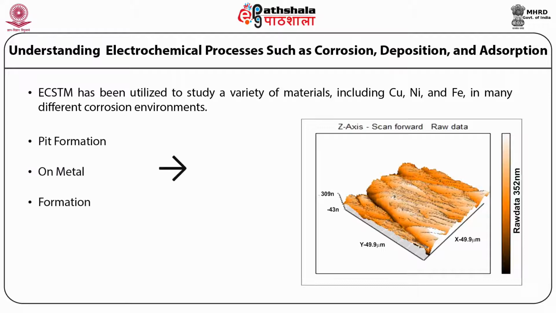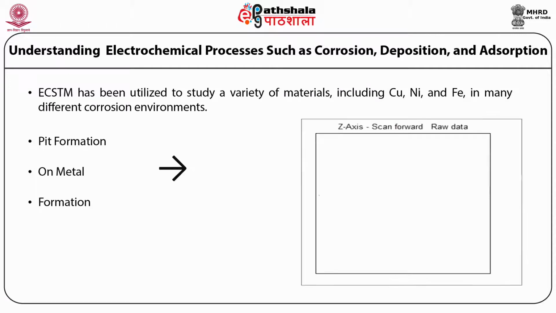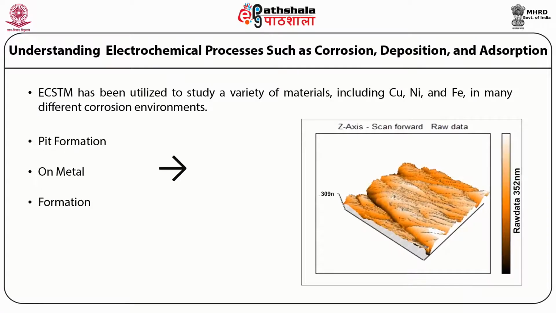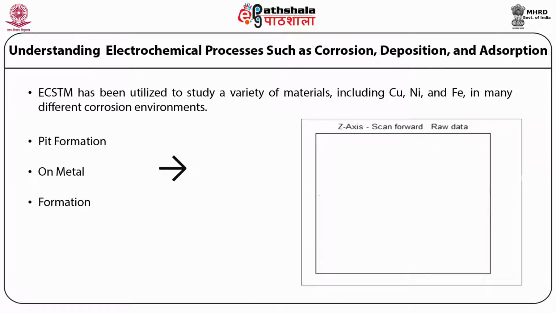Now this leads to pit formation, which can be studied with the help of this technique. Pit formation on metal also has been studied with the help of this. This diagram shows the scan which has been calculated when this kind of phenomenon takes place. This has been shown on the right side of the slide.